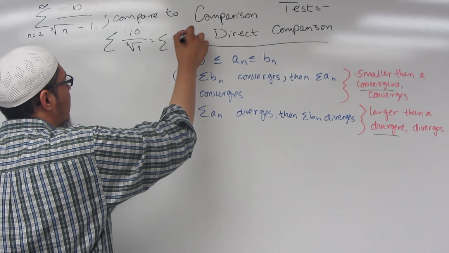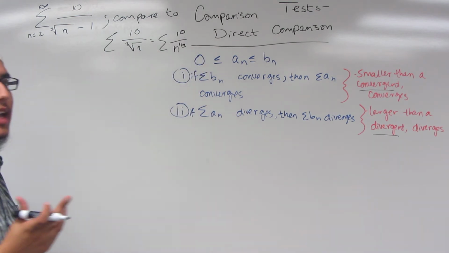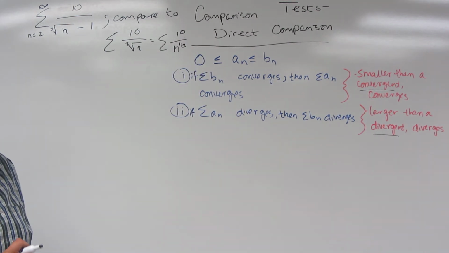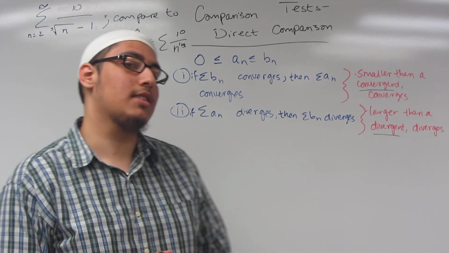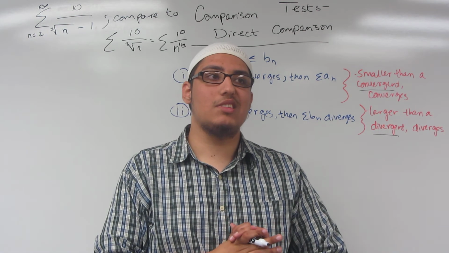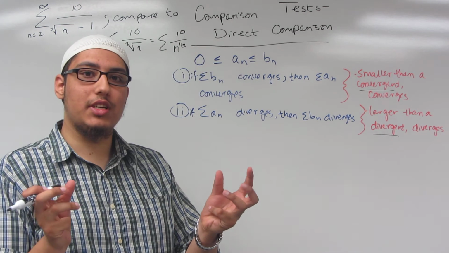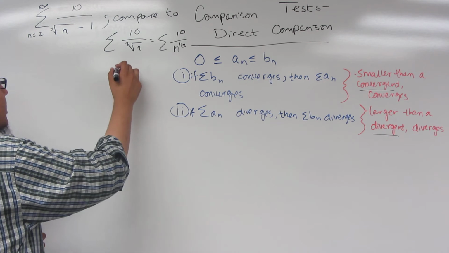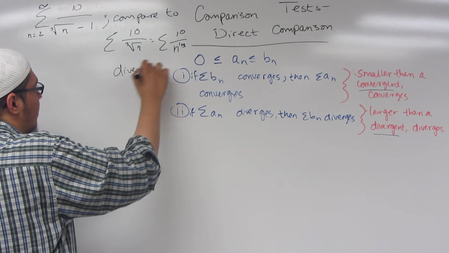Let's say 10 over n to the 1/3. Whoa, this looks like a p-series. And p, in this case, is our 1/3. And for the p-series test, we know that if p is less than 1 but greater than 0, so between 0 and 1, then our series is divergent. So this is a divergent series.